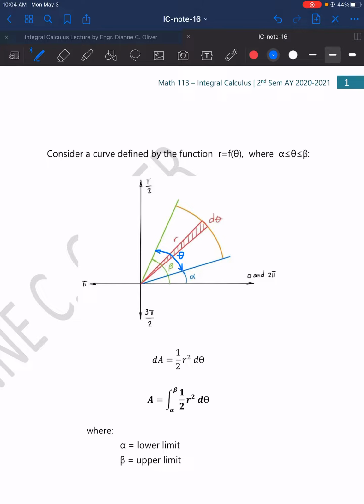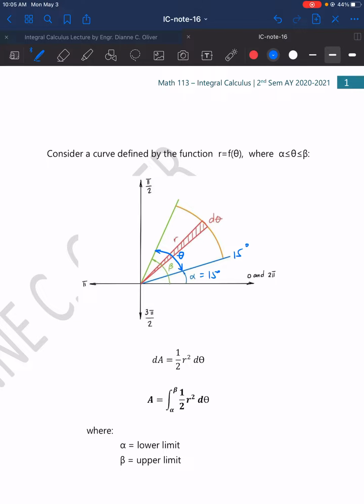Whenever we sketch a curve for the polar coordinates, we always go counterclockwise. So if the angle to be considered is alpha, for example alpha is equal to 15 degrees, then the rotation of the given radius is from 0 degrees up to 15 degrees.